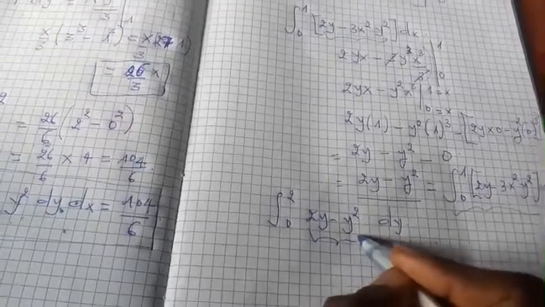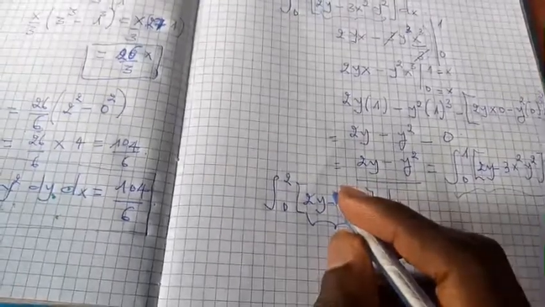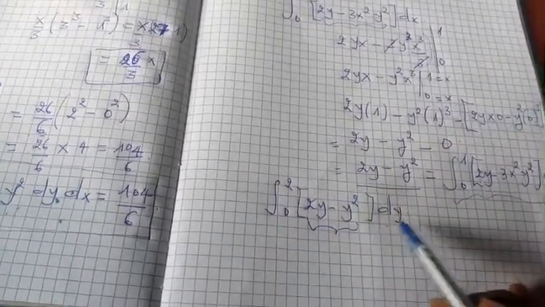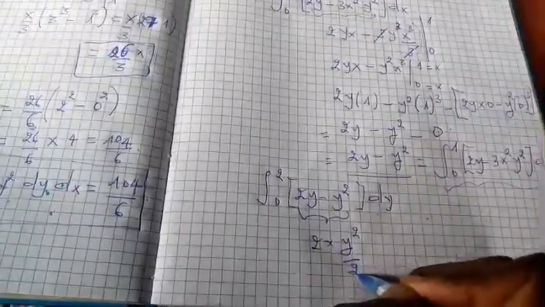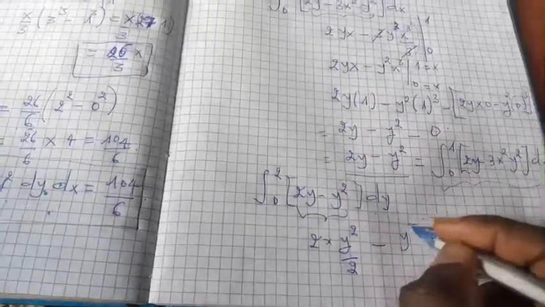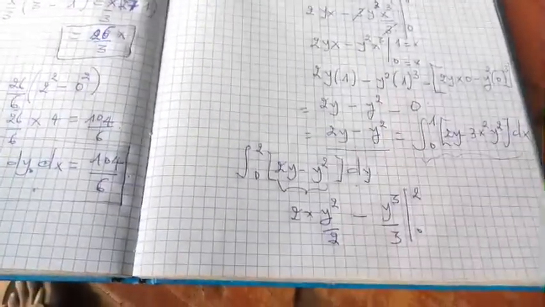Then let us integrate this function also. Then this will be equal to, so we are integrating with respect to y. Then 2 times y squared over 2 minus y power 3 over 3, with respect from 0 to 2. So then this will be equal to 2y, as I said, squared divided by 2, then minus y power 3 over 3 with respect from 0 to 2.